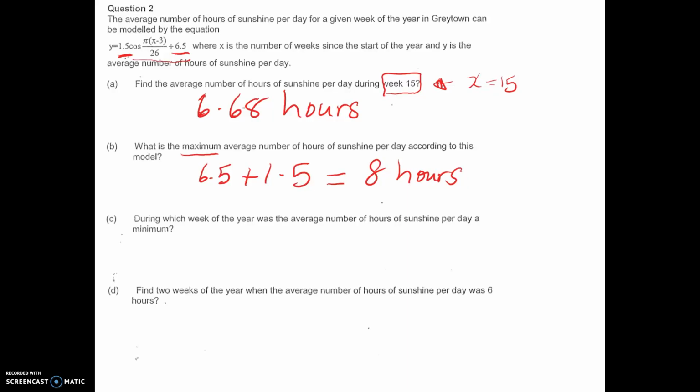So we have a cosine function and we know the maximum is 8.8, and the minimum will be 6.5 take away 1.5, which is 5. So let's just sketch that roughly. Sorry, I'll change that a bit.